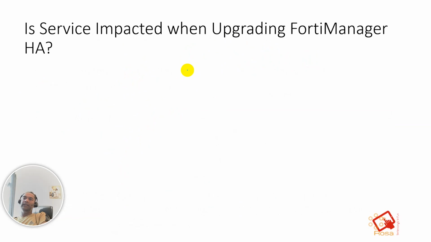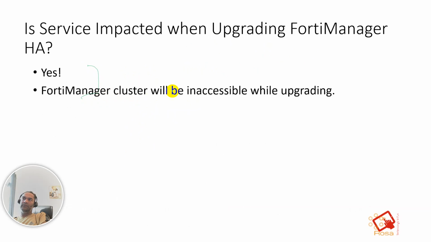Is service impacted when upgrading FortiManager HA? Yes. The FortiManager cluster will be inaccessible while upgrading. Service impact means you will not be able to make any changes on the FortiManager, but FortiGates continue working and traffic keeps on passing.